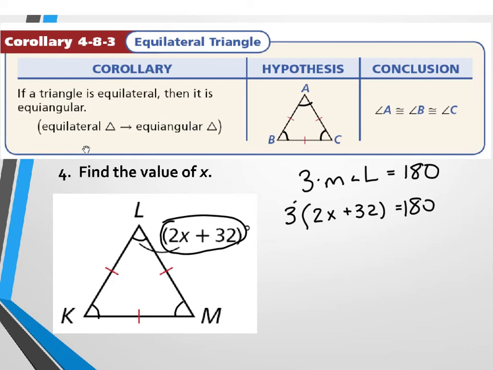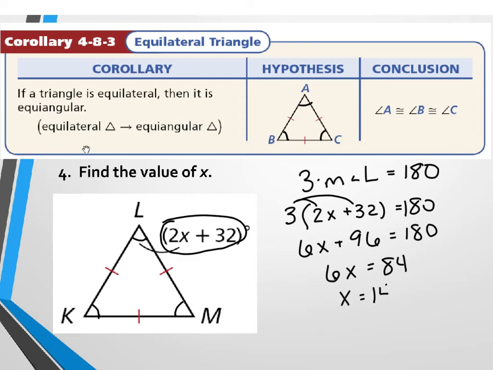So distribute that 3. We get 6x plus 96 is equal to 180. Subtract 96 on both sides. We end up getting 84. And now divide both sides by 6 and we get 14.